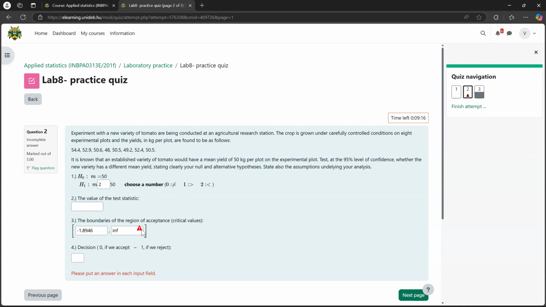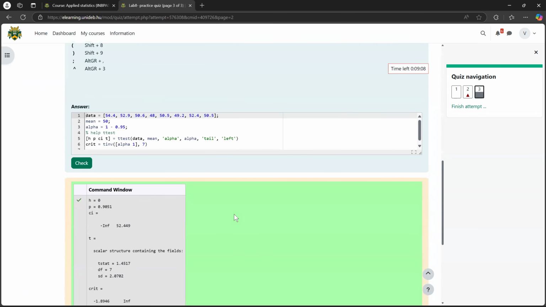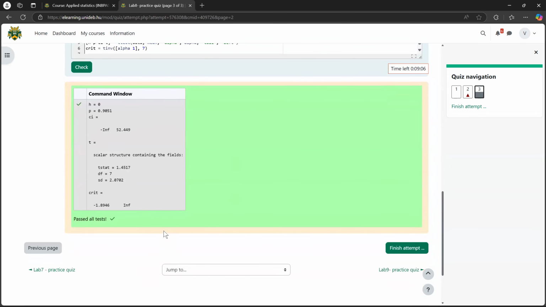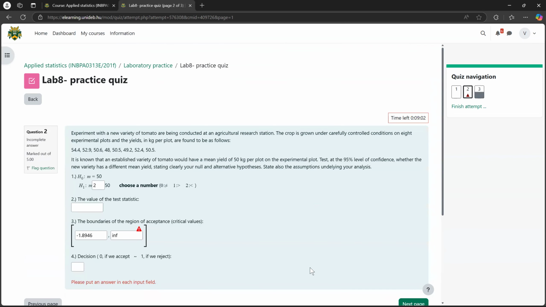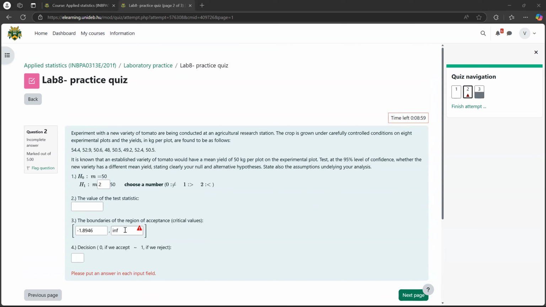But why isn't it accepting infinity? Is there a sign for infinity? Yeah, I tried putting capital I. Didn't accept it.